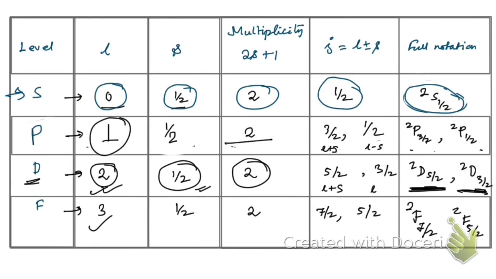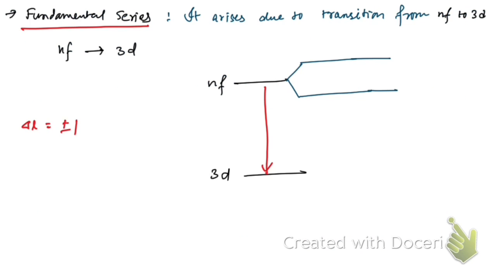In this case here you can see, this is multiplicity 2, and L plus S is 7 by 2, that is equal to J, and L minus S is 5 by 2. So here we are getting 2F 7 by 2 and 2F 5 by 2.